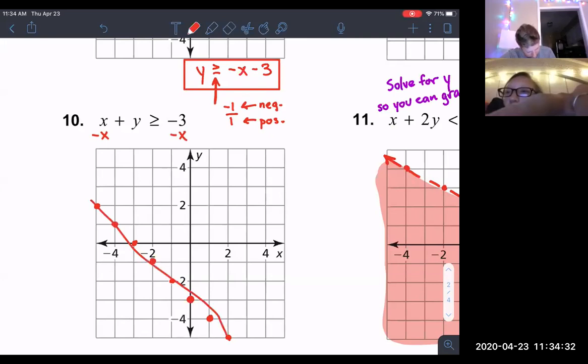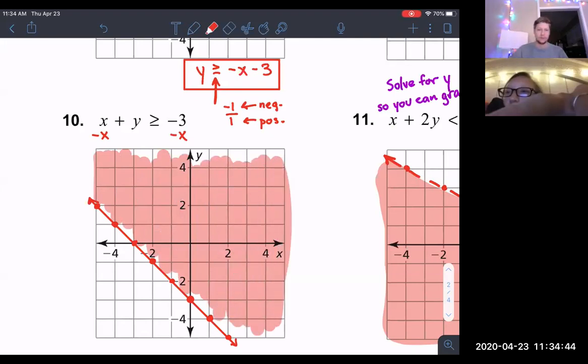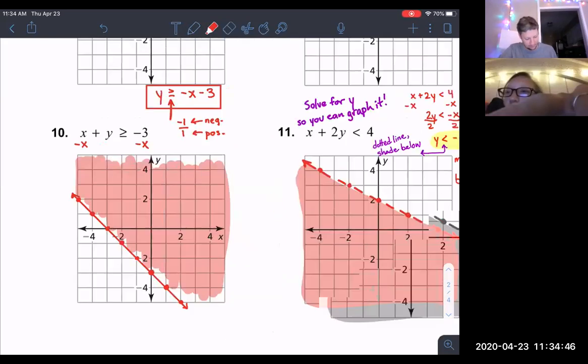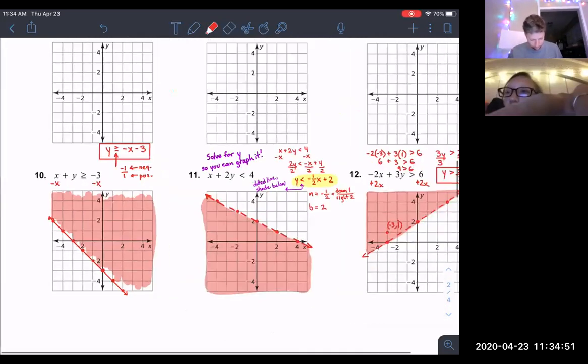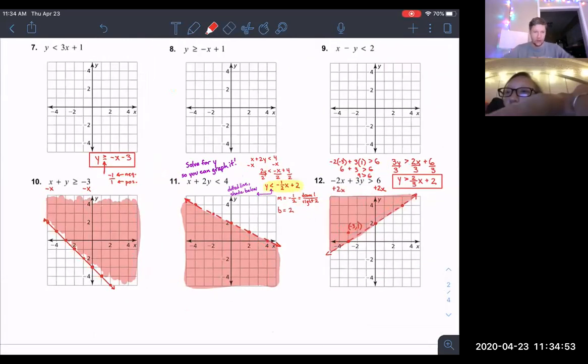Good. And then you would shade above. Yep, you got it. The most fun part. Okay, so that's what it's going to look like. Okay, that makes sense. It sounds like you got a good handle on it. Just take your time and talk yourself through it. That might help.